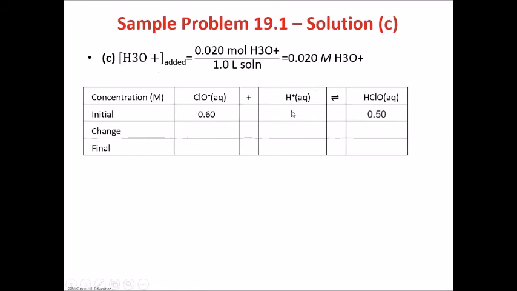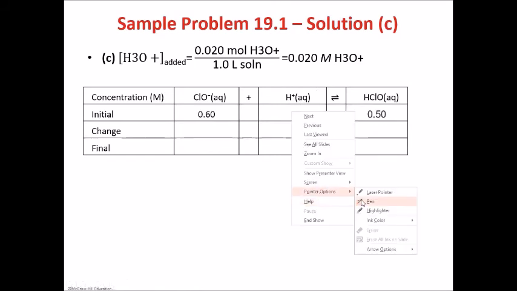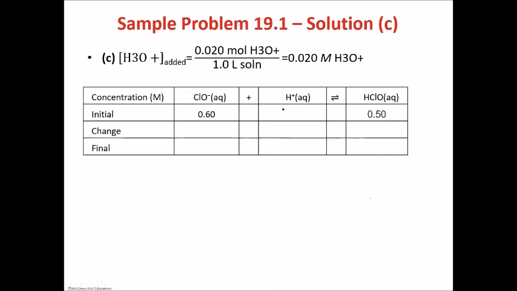This is 0, this is 0.02. So change occurs. This is the limiting reactant. Equal molar of ClO minus reacts with the 0.02 H plus, so negative 0.02.